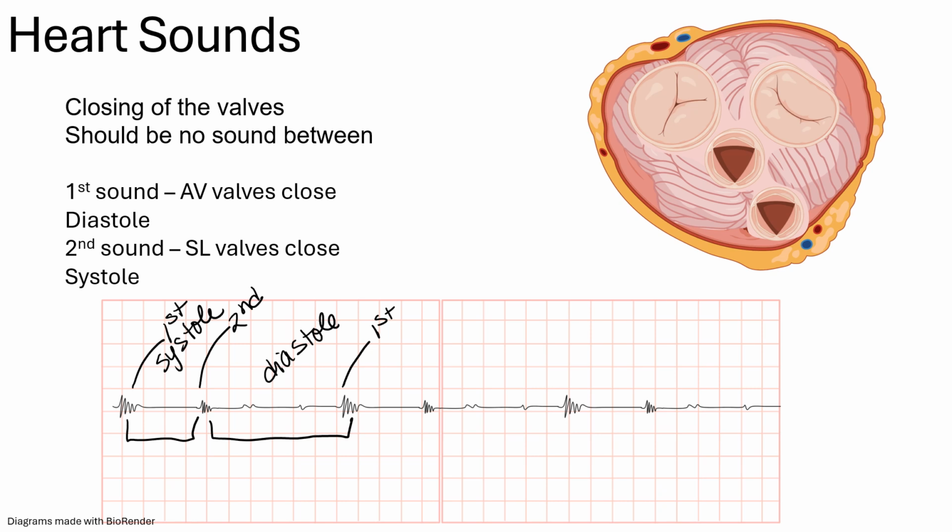So murmurs reflect that abnormal blood flow in the heart, and they're heard between heart sounds. Considering this definition of a murmur just being the result of abnormal blood flow, then blood flow through a ventricular septal defect, or a hole in the interventricular septum, would also create sound, and it does.